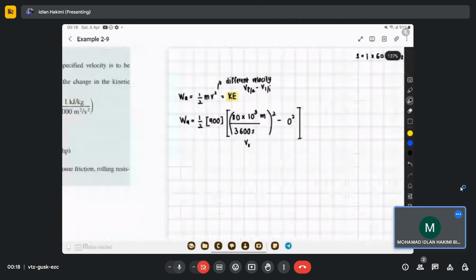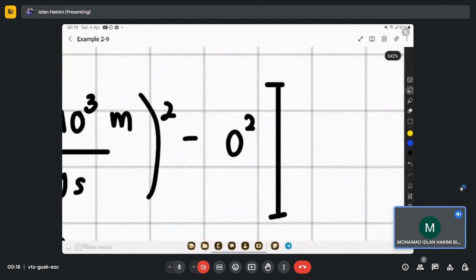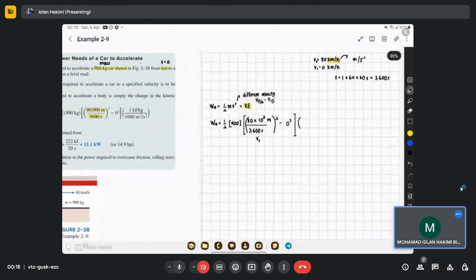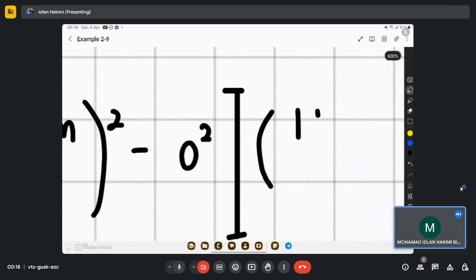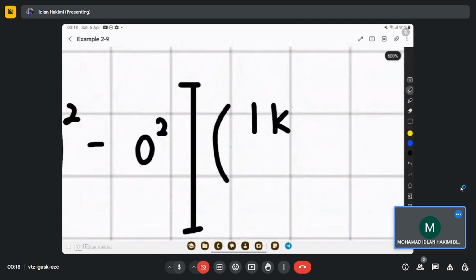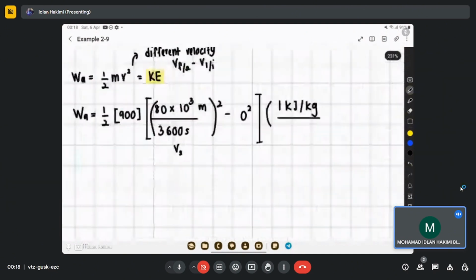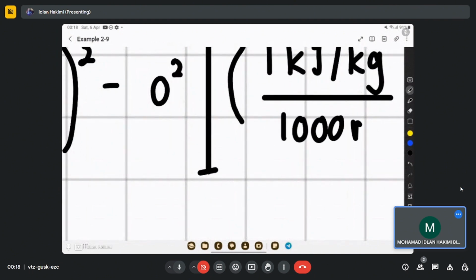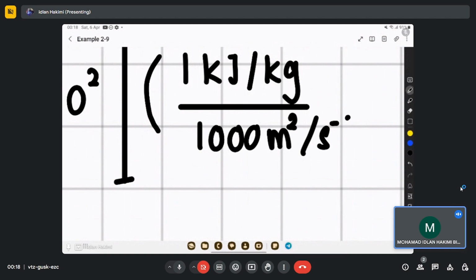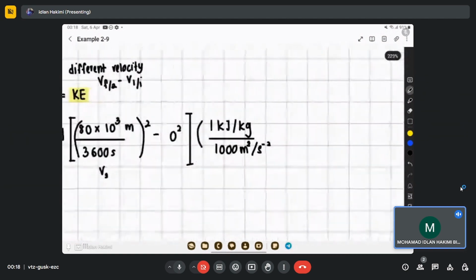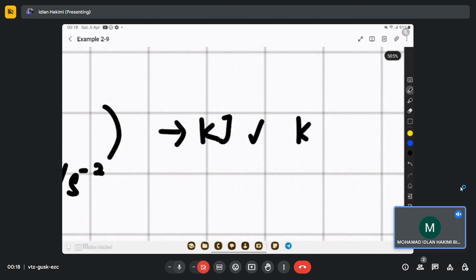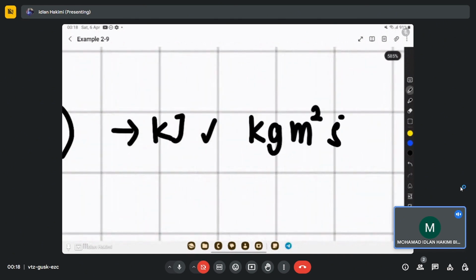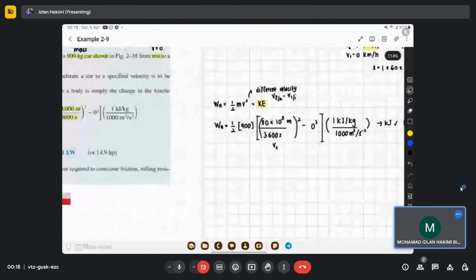Then we have to change the unit, because we want kilojoules and we don't want kilogram meter squared over second squared. So we know that 1 kilojoule per kilogram equals 1000 meter squared over second squared. We change the unit to kilojoules.